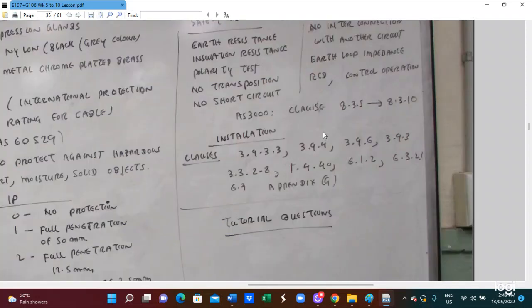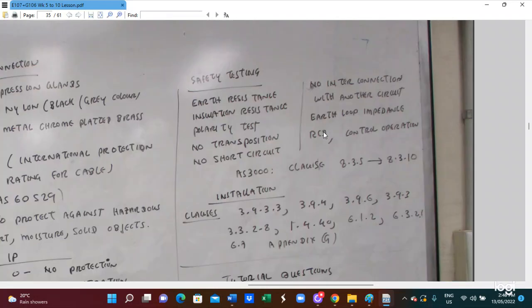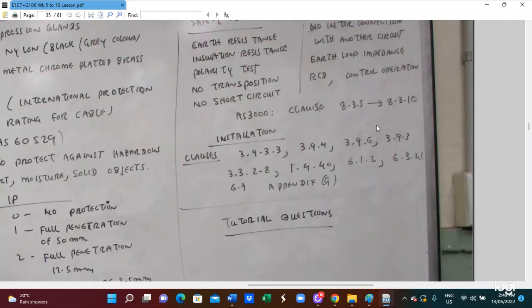So AS3000 clauses 8.3.5 to 8.3.10 mention this cable safety installation. So when you install the cable, the appropriate AS3000 standard needs to be followed. Those are the clauses: 3.9.3.3, 3.9.4, 3.9.6, 3.9.3.3, 2.8, 1.4, 0.40, 1.2, 6.3, and also 6.7 and Appendix G. Those are the appropriate Australian standard AS3000 wiring rules clauses to be followed.